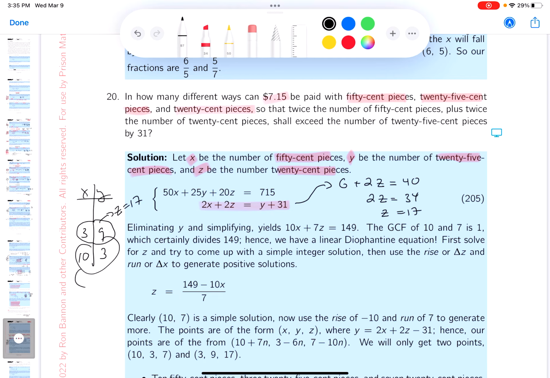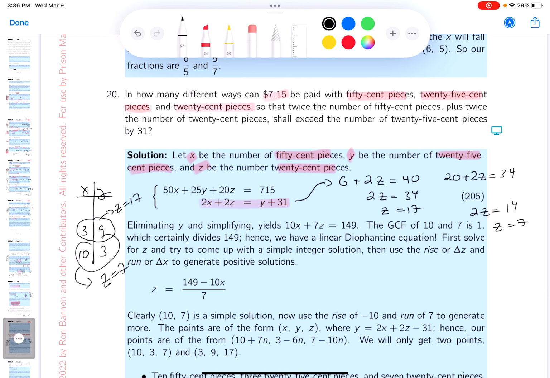Let me try this one. Let's see how I do in that one over there. What would you get? You get 20 plus 2z, and then you would get 3 plus 31, which is 34, right? And then you get 2z equals 14, and z equals 7. All right, I think I got some answers over here, and let's write this down.